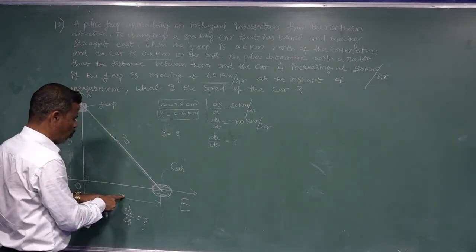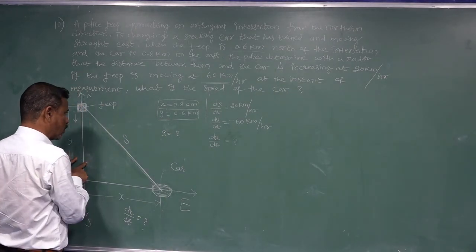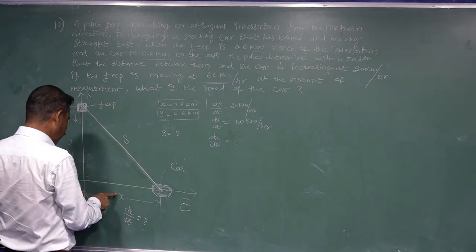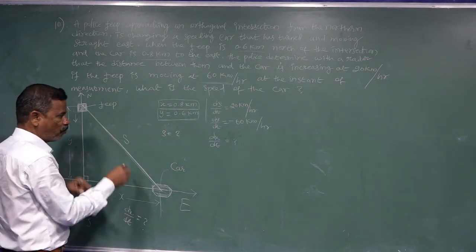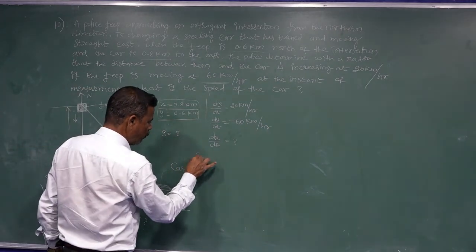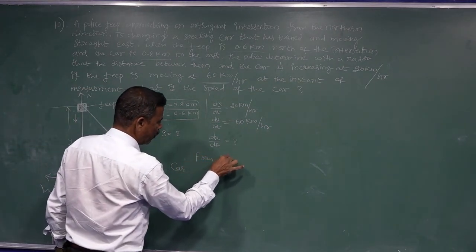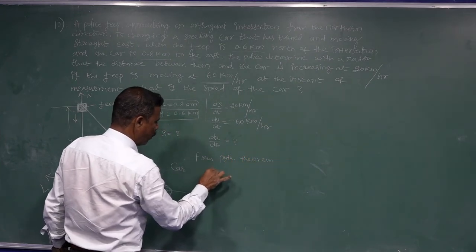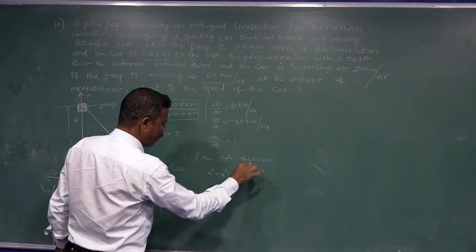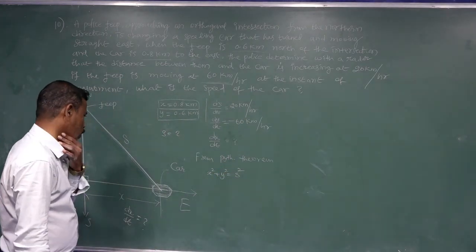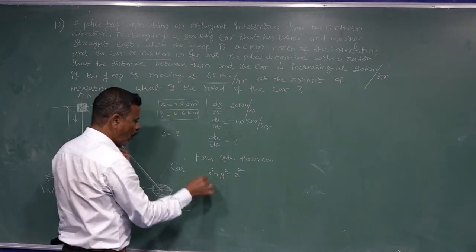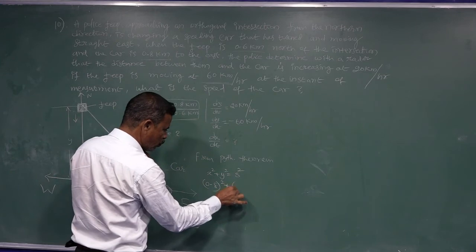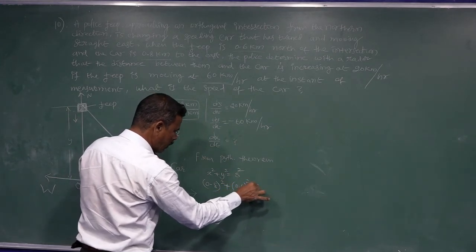X is 0.8 kilometers, y is 0.6 kilometers, then s is how much? From the Pythagoras theorem, x square plus y square is equal to s square. So 0.8 whole square plus 0.6 whole square is equal to s square.